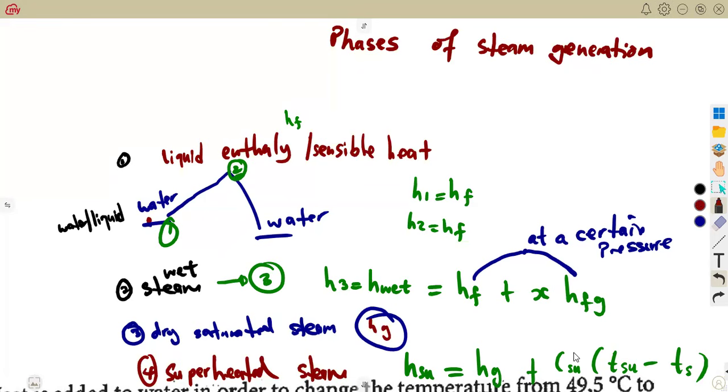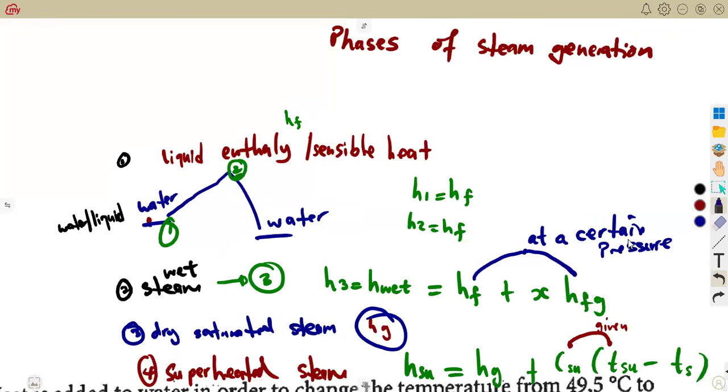So you'll be given the specific heat capacity of the superheated steam, and also the superheated temperature in degrees Celsius. You will be given these.